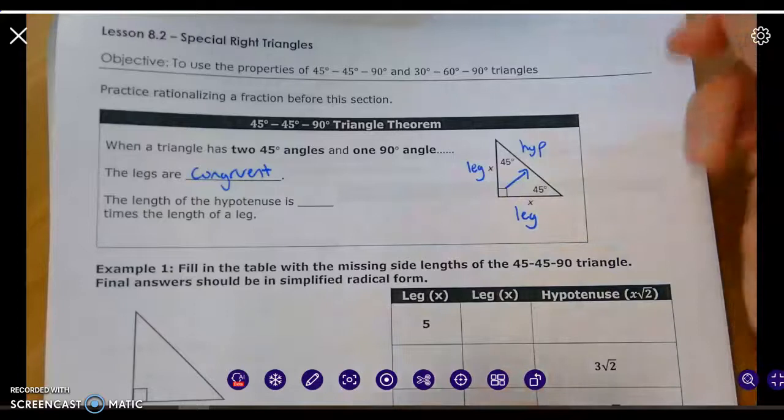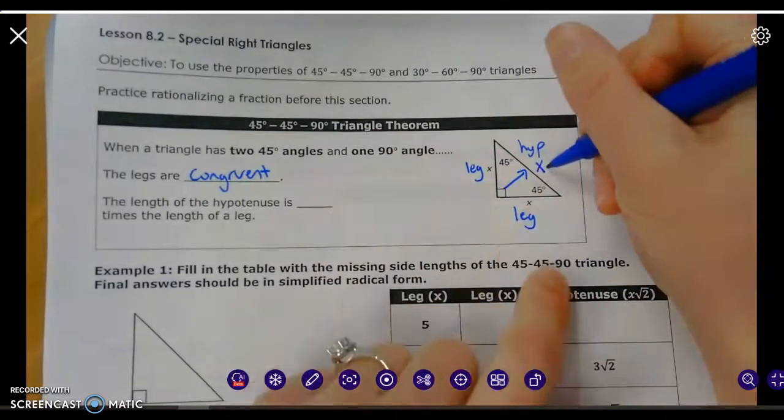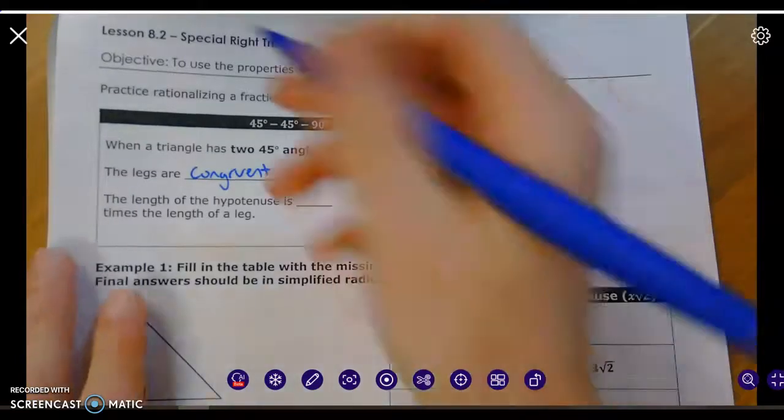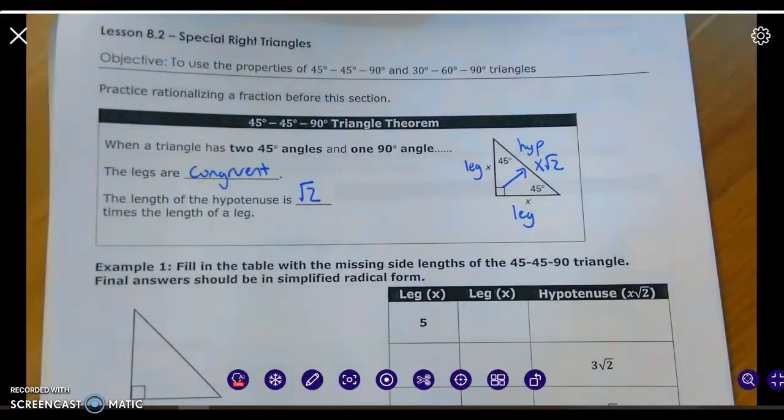So the relationship there is we just take whatever we have for the leg, X, and multiply that times the square root of 2. So if we've got 5, we have 5, 5, 5 square root of 2. If we have 6, we have 6, 6, 6 square root of 2. So we just take that number times square root of 2. Okay? So that is how we find the length of the hypotenuse.